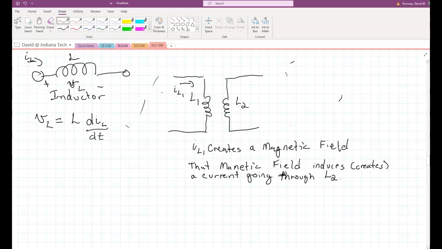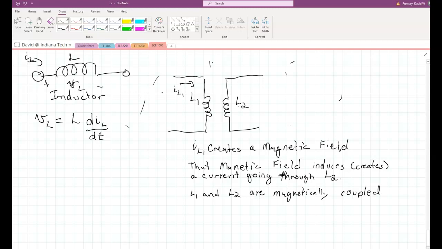And there's also some other more complicated stuff that goes on. We're not going to worry about all that complication here. And when that happens, we say that these inductors L1 and L2 are magnetically coupled. And we often drop the word magnetically and we just say that they're coupled.